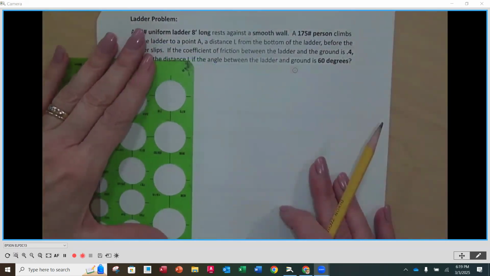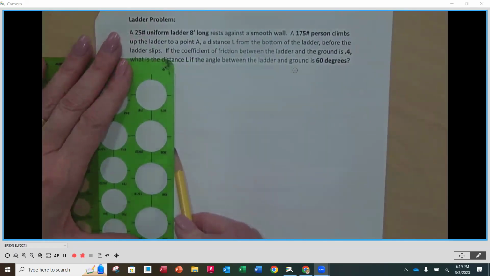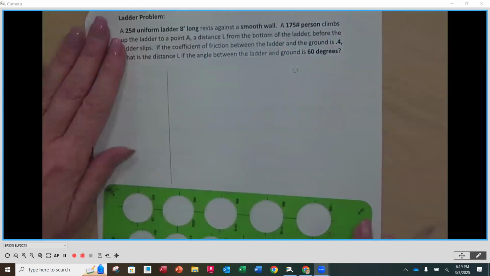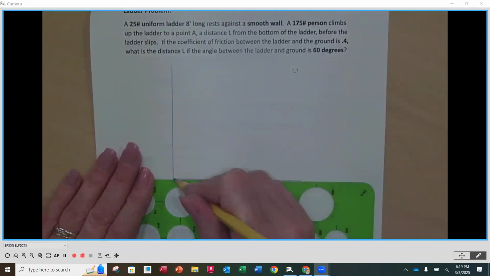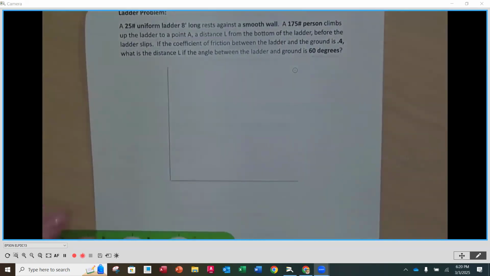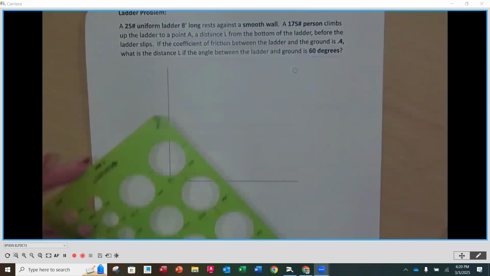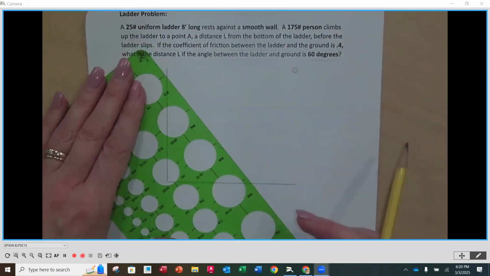So let's kind of put this in context, okay? I'm going to make a vertical wall, something like about like that. And then I'm going to make a horizontal floor, okay? Now it's telling us that the ladder is going to be at a 60-degree angle to the ground.